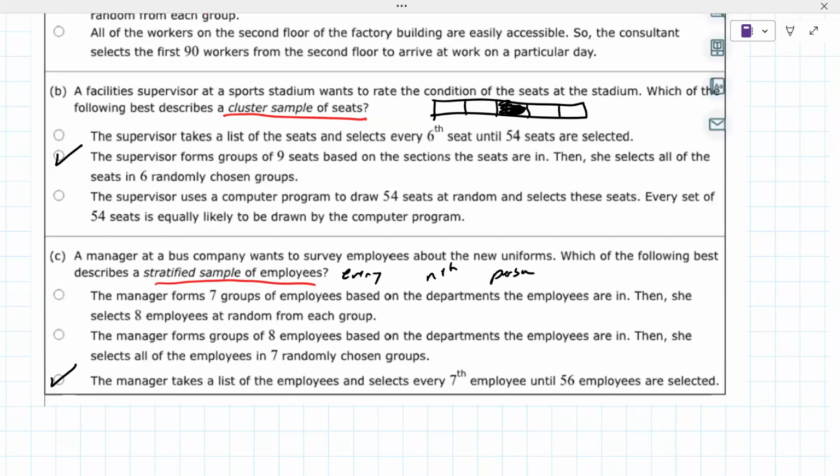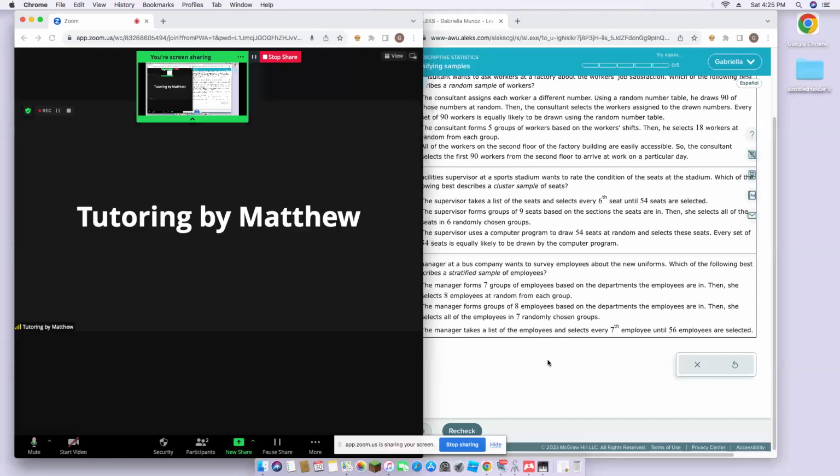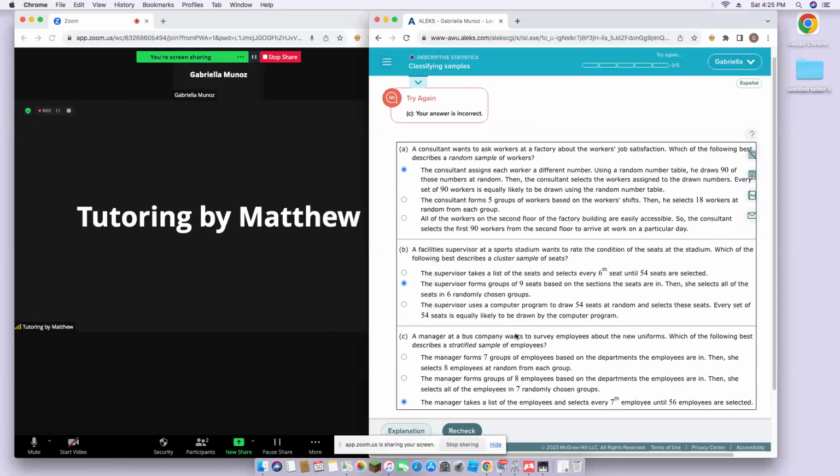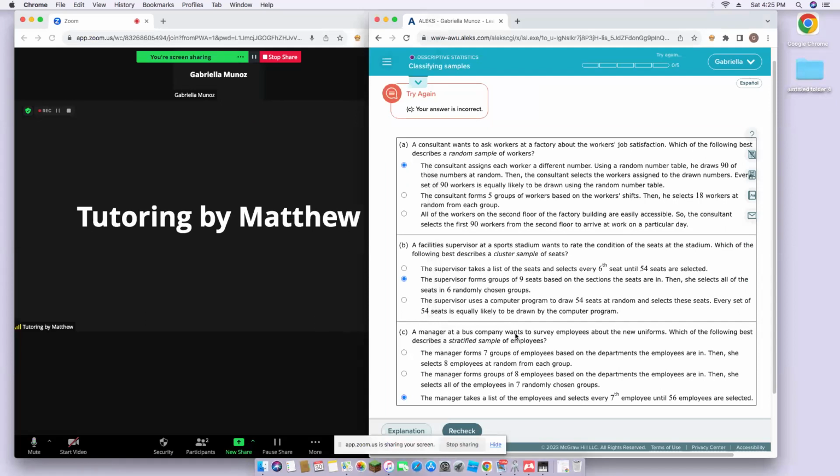We got the C answer wrong on this. Really, it says stratified though. Let me double check here. No, I'm sorry, that's stratified. So stratified is the first one. Sorry, I'm thinking of the other type of sampling.